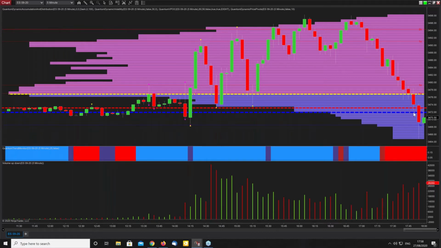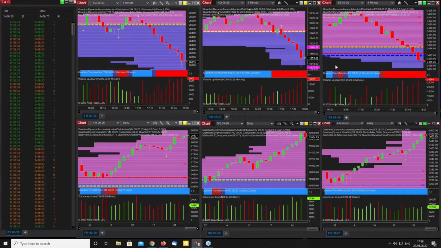Now they are acting as technical resistance, not only in their own right, but also as a pair, because when you get a cluster of two like this, this is immensely strong. And you can see it's actually tested it pinpoint accurate to the upper level, and it's pushed it back down again. So, this is what I mean by using multiple charts in multiple time frames.